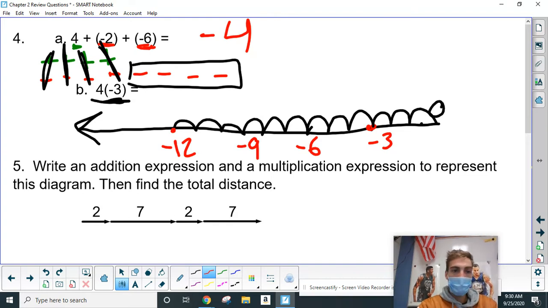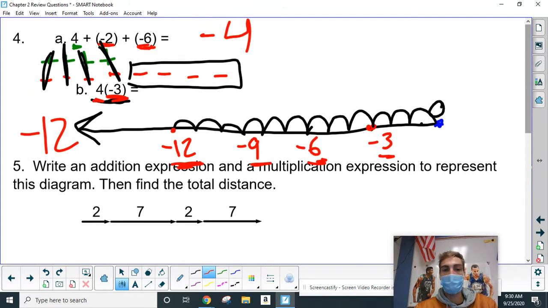Does that make sense? So we're moving -3 each time, and then we're moving -3 a total of 4 times. So here I have 4 numbers representing my jumps. And remember, we always start at 0. Okay? So my final answer would be -12.